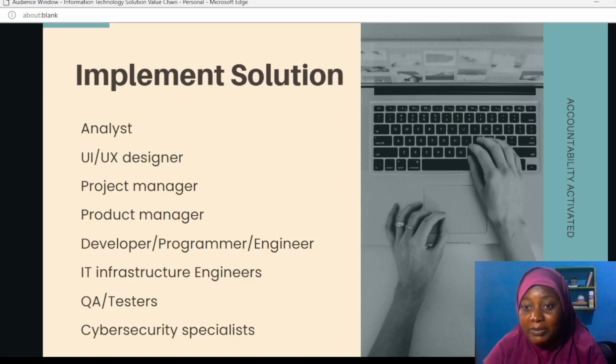If it's a startup, they may need to speak with the potential customers. If it's an already existing organization, like the hospital we mentioned that has a slow legacy system that they're already using to key in their patient information, the analyst may need to talk with the people that use the system, with the nurses, with the doctors, even with the patients. So there is need for that analysis to identify.